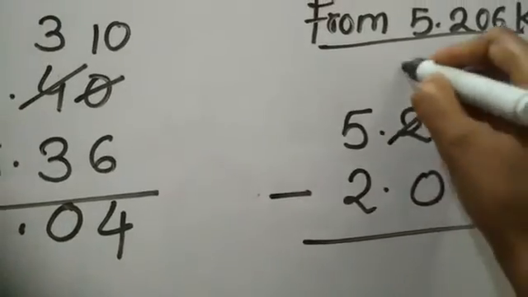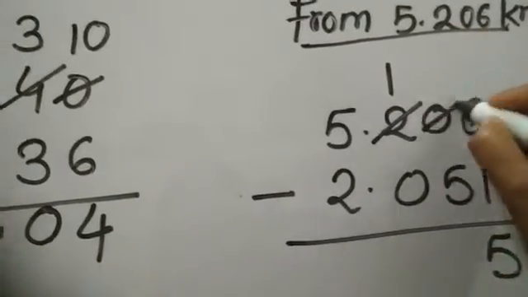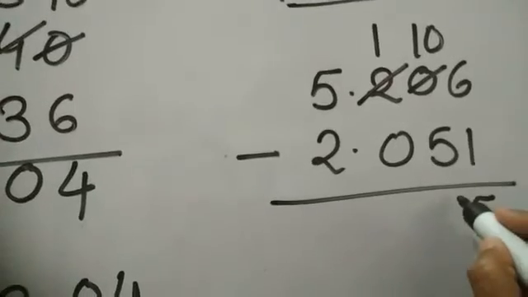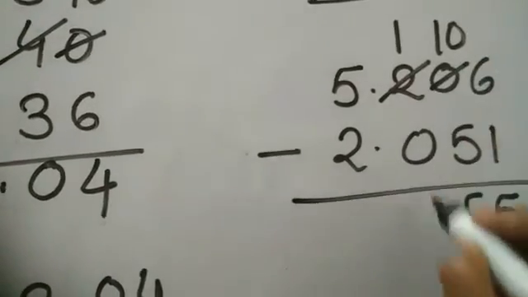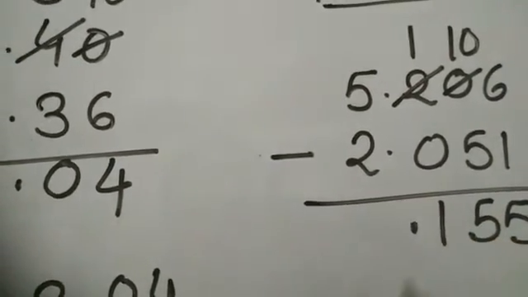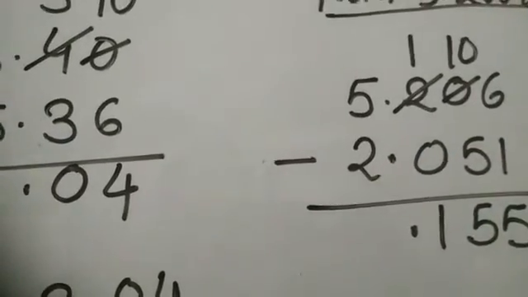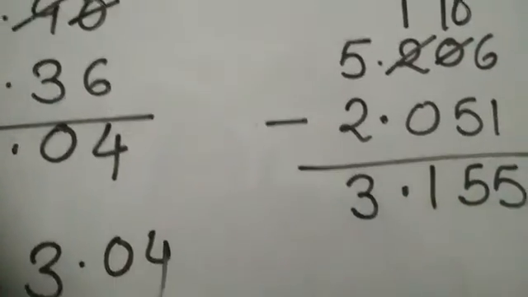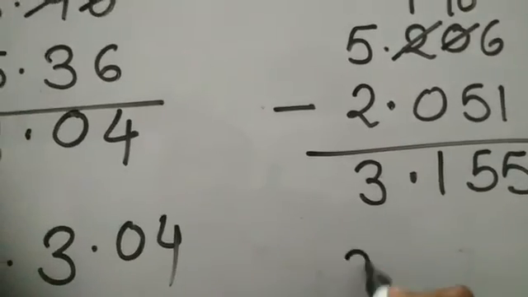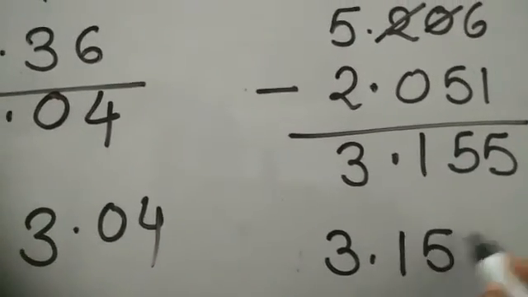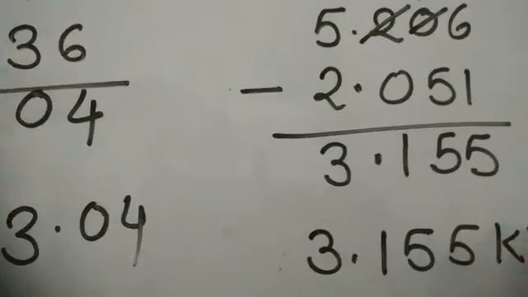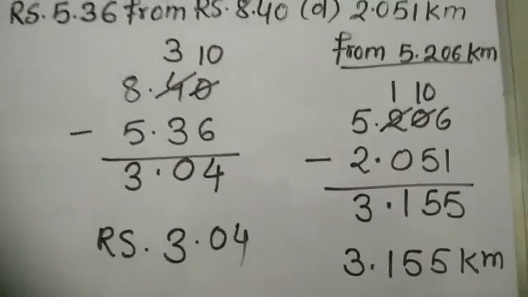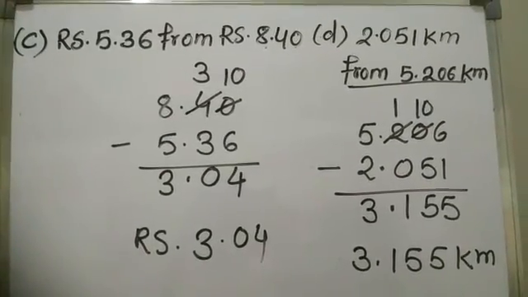So we take borrow from 2. So 1 will be left over there. This will be 10. 10 minus 5, 5. 1 minus 0, 1. Then decimal point will come just below this decimal point. And 5 minus 2, 3. Hence the answer is 3.155 kilometer. So likewise you can solve the fifth example of question number 1 given in your textbook.